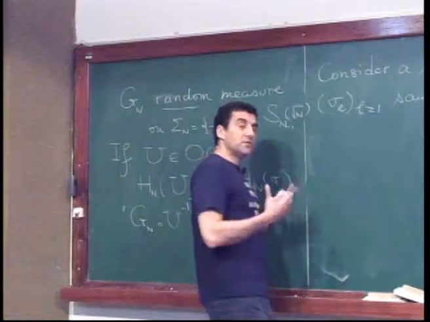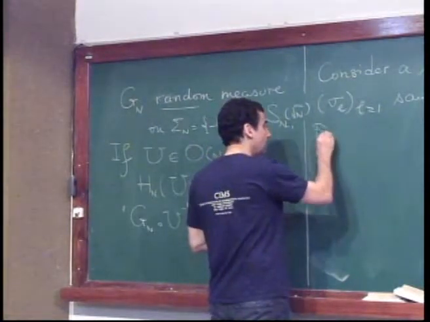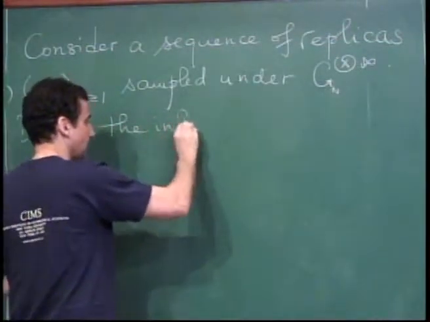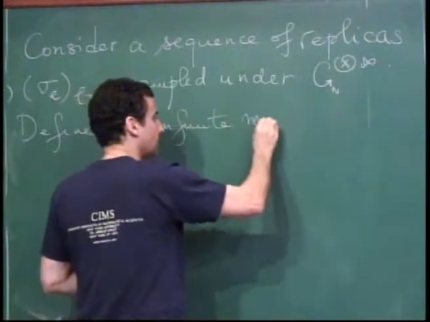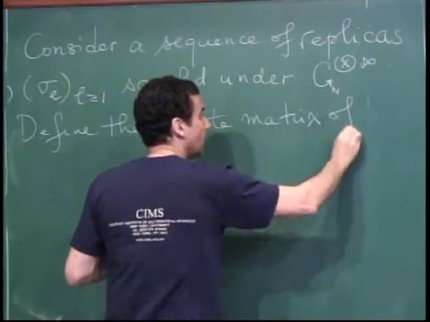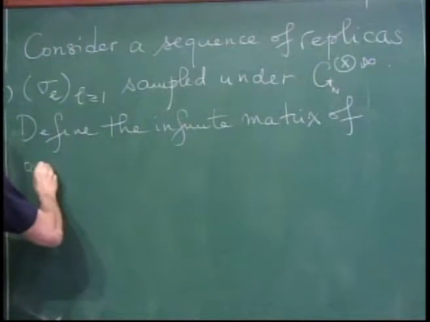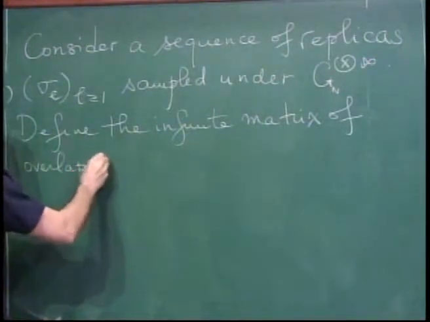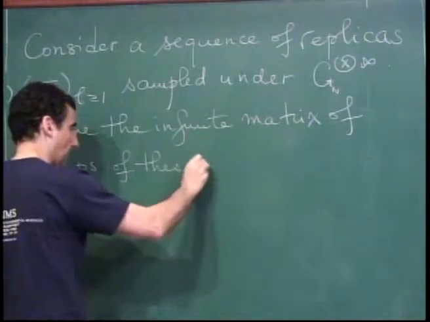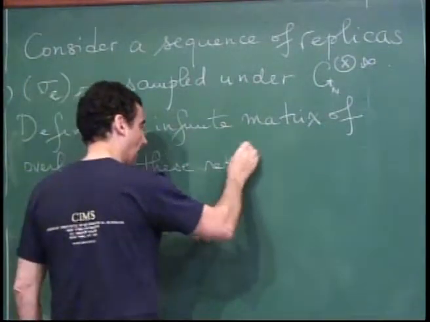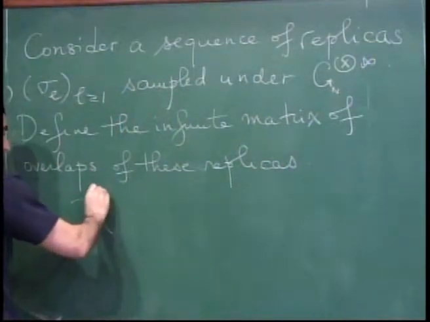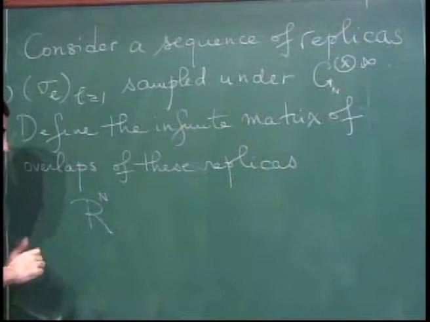And now, once you've done that, you look at the following. You define the infinite matrix or array of overlaps of these replicas. So the matrix, which will be defined by R, maybe an N here to remember that it's a finite dimensional object.